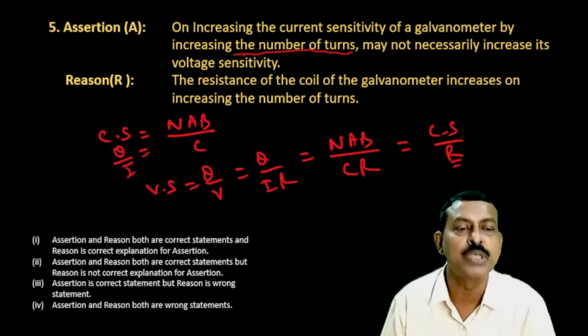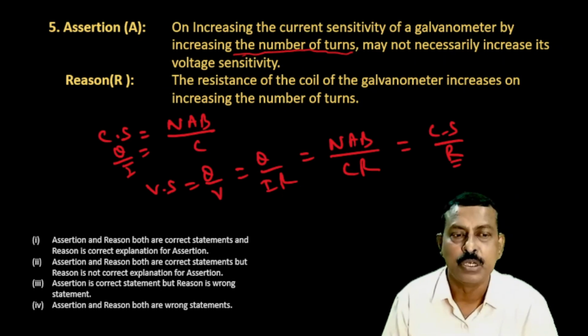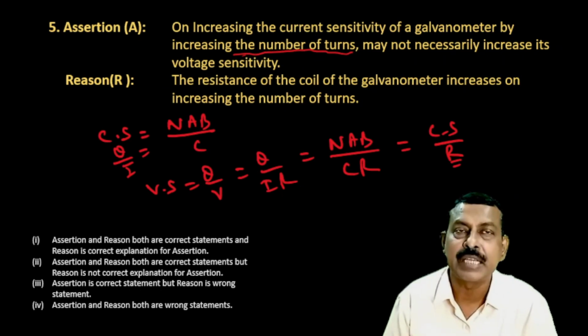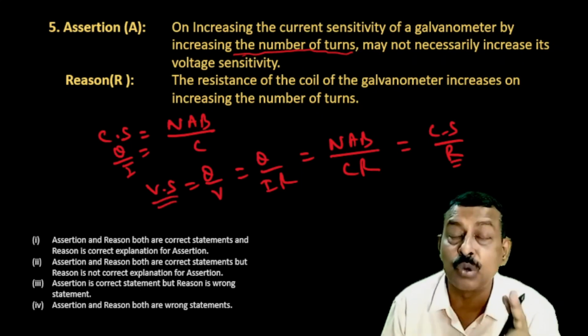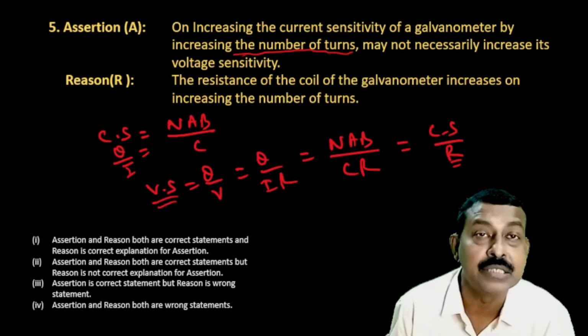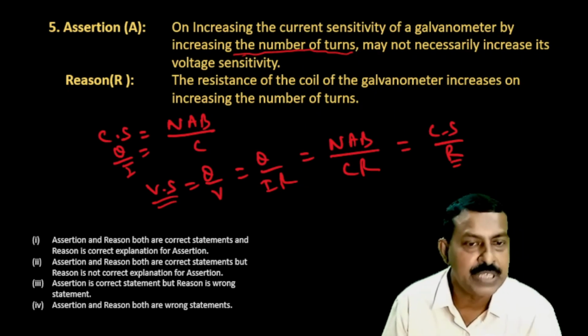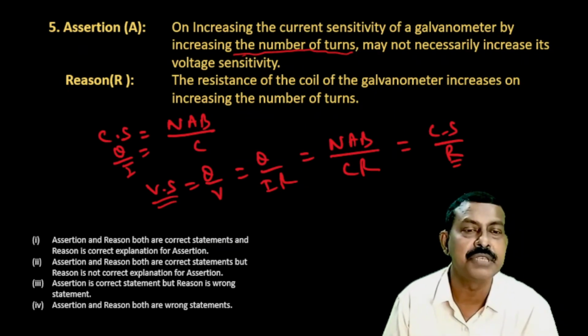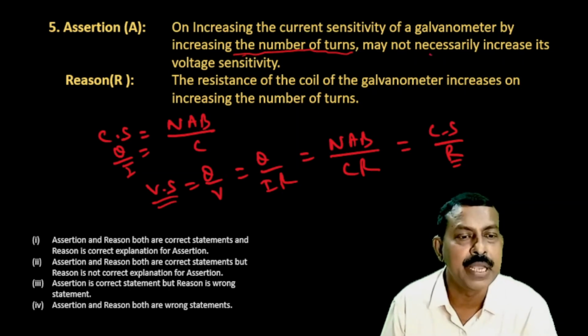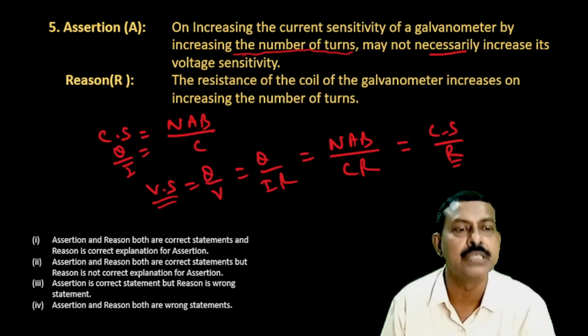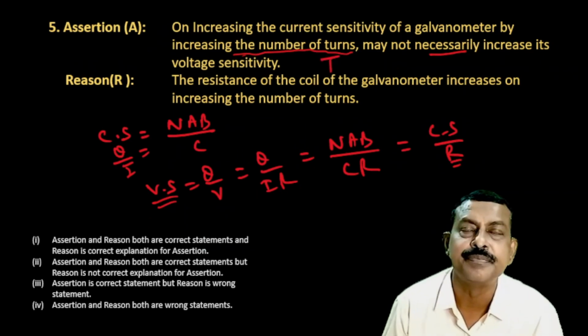Resistance term will also increase by the same factor. So the term will get cancelled, and in that case the voltage sensitivity will remain same, although current sensitivity has increased. So when it is said on increasing current sensitivity by increasing number of turns, voltage sensitivity may not necessarily increase. So it is the correct statement.